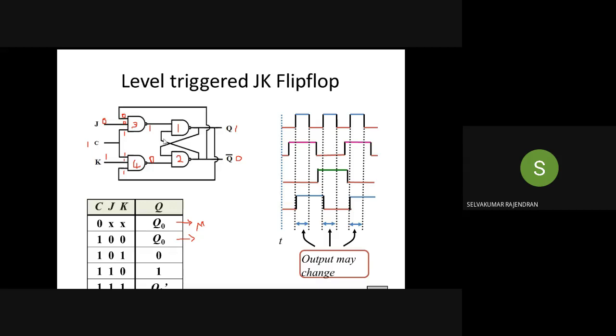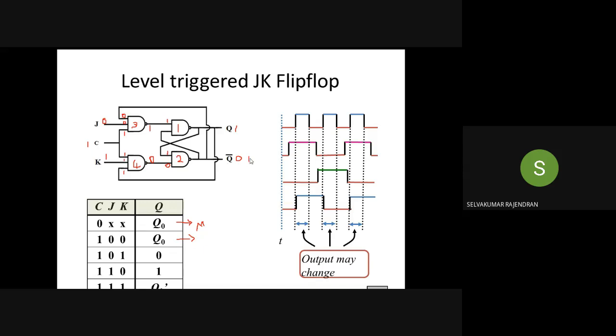Now NAND gate 1 has 1 here, NAND gate 2 has 0 here. So the second input of NAND gate 1 is 0, and NAND gate 2 produces logic 1.